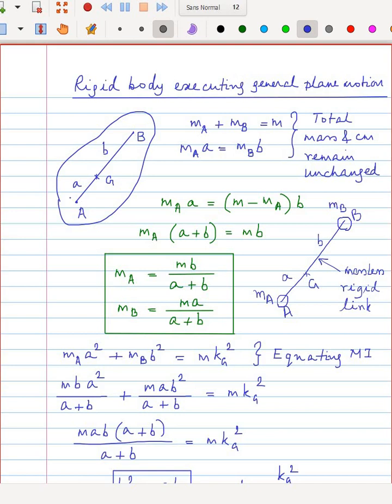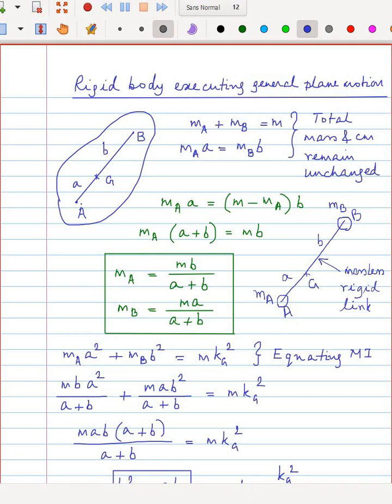What should be MA, what should be MB, what should be b, such that this rigid body is completely equivalent to this two mass system? That means, a we know, but we do not know what is MA, what is MB and what is b.